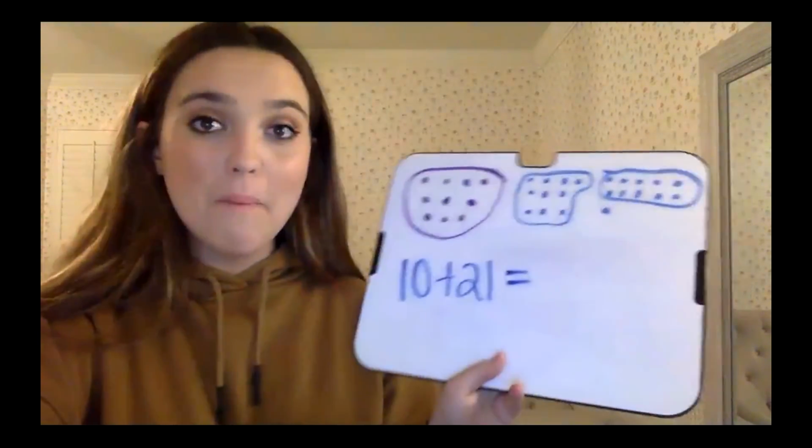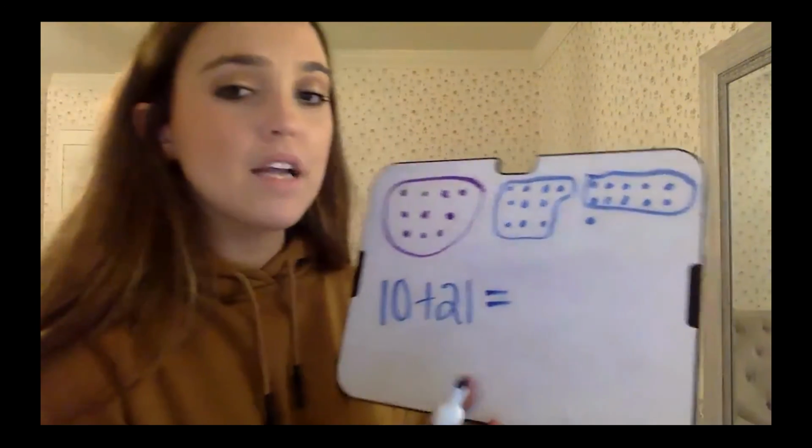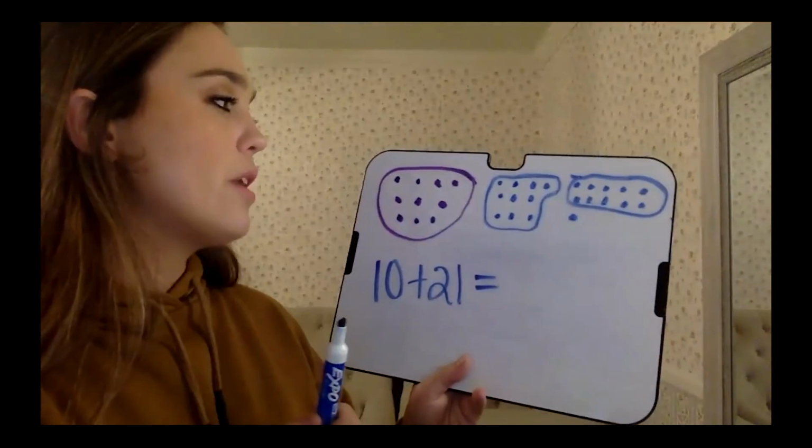So we are looking for the whole of 10 plus 21. So let's write that out, 10 plus 21, or 21 plus 10, either way, because both make sense in addition. So we are looking for 10 plus 21.